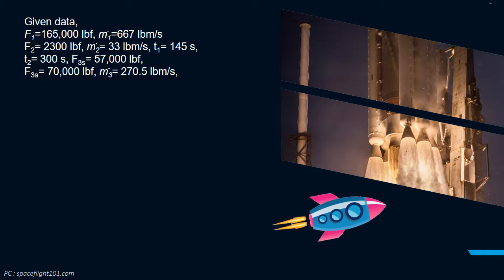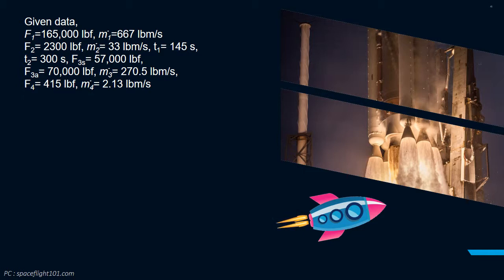They both have the same mass flow rate m dot suffix 3 of 270.5 pound-mass per second. And also here two small vernier engines. They each have altitude thrust F4 of 415 pound-force at propellant flow of m dot 4, 2.13 pound-mass per second.